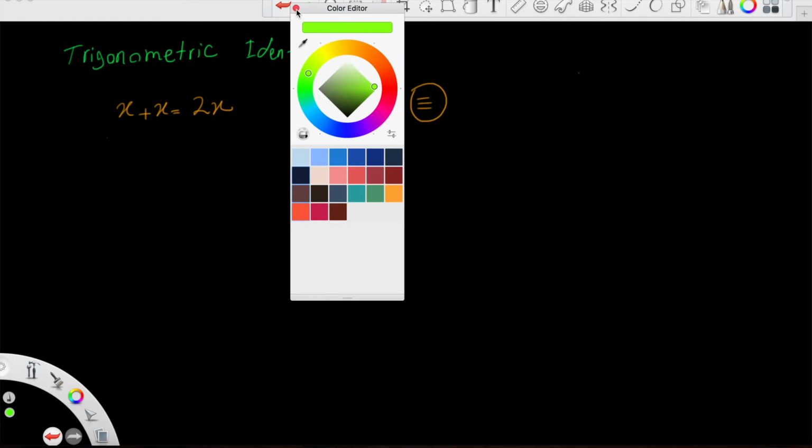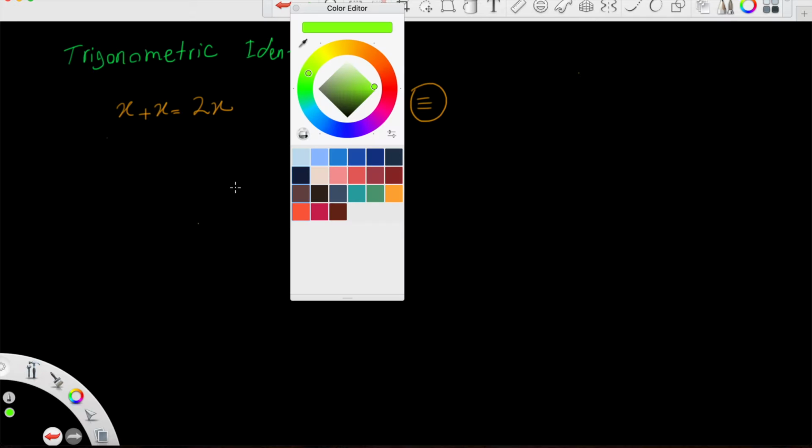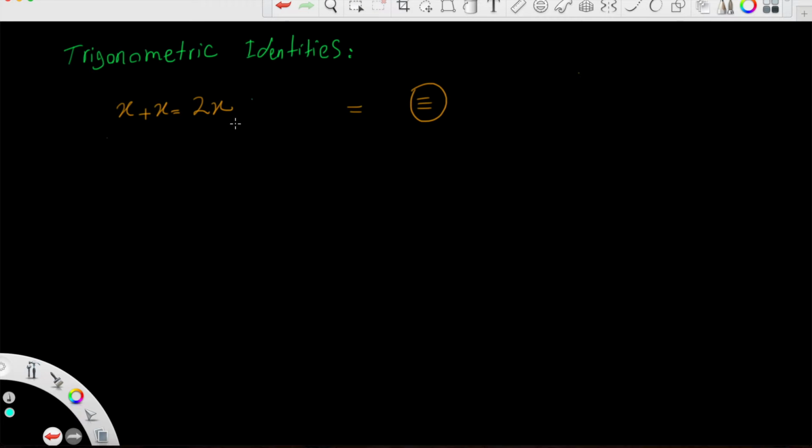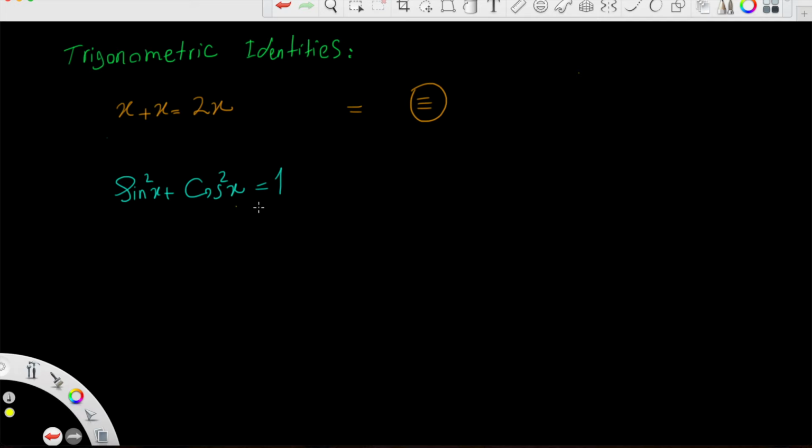Now the two commonly used identities in this topic, as I mentioned in the first video in this chapter, are these two identities. First, sine squared of x plus cosine squared of x is equal to 1 for all angles.